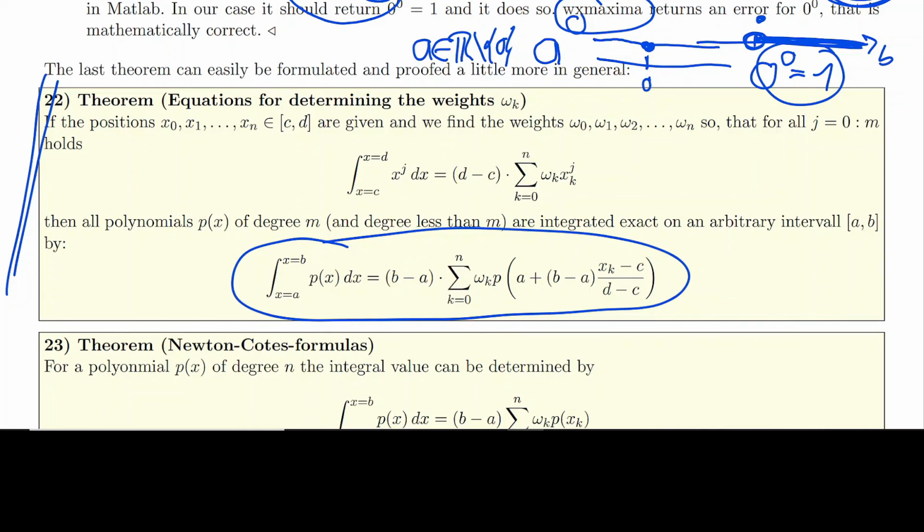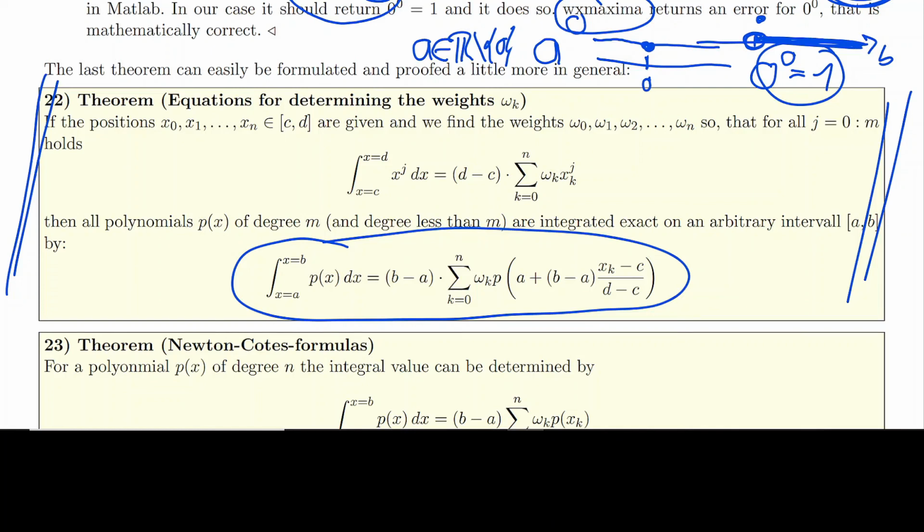It's a little more general formulation we did not need in this video. We will need it a little later, maybe, but for the moment this is of no interest. So if you want, skip that theorem and only remember, okay, it's a little more general than the above theorem, but we did not need it so far, and maybe we will never need it.